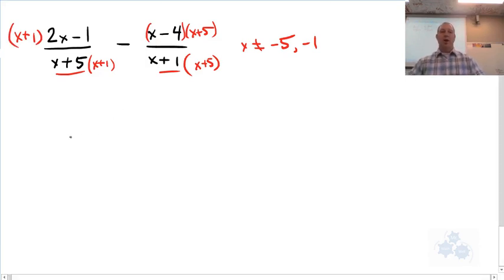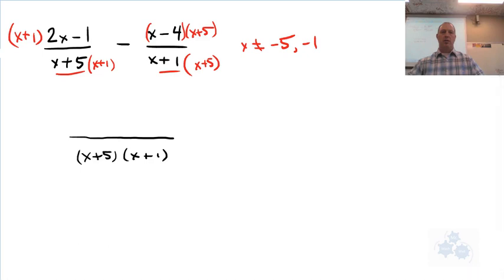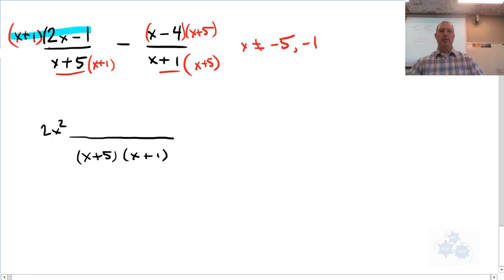If you want, you can write a common denominator now of x plus 5 times x plus 1. This multiplication looks like this: 2x squared minus x plus 2x minus 1.